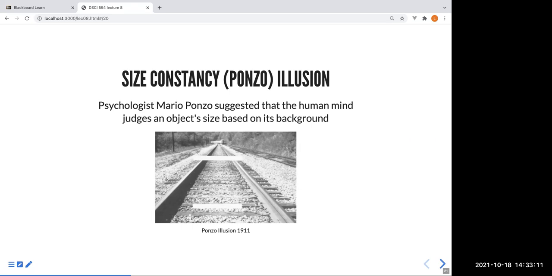This is the analog of the color constancy that we saw last week. These two white bars are exactly the same length, but because the background is from a real scene, we look at them with the understanding of the 3D information in the scene.